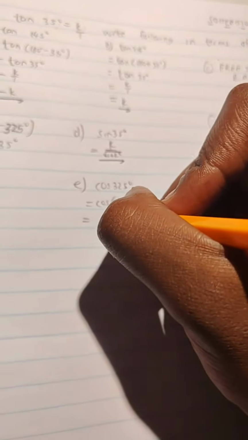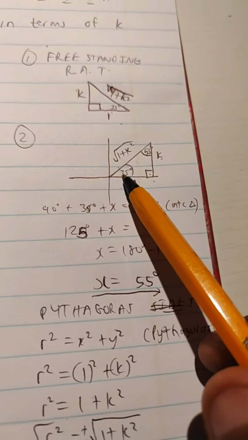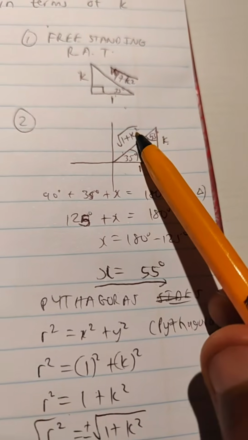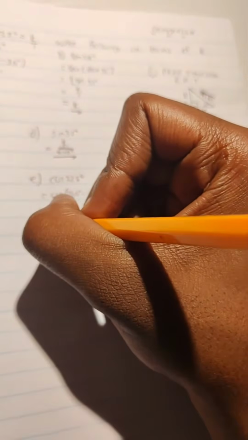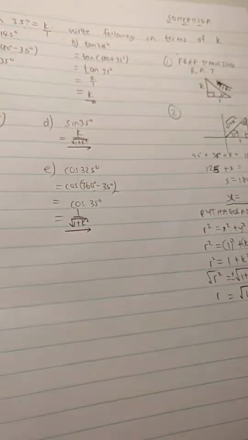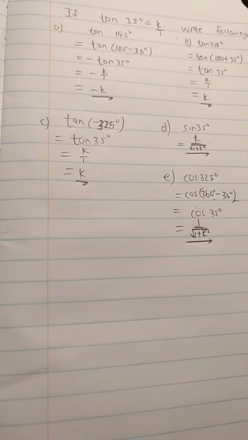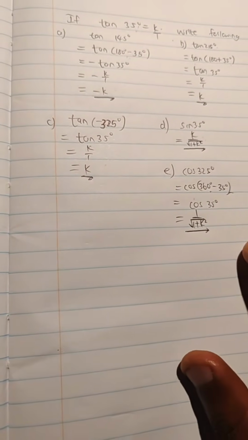How is cos? Cos is positive. 35 degrees, we go there. Cos 35, adjacent over hypotenuse, that's 1 over the square root of 1 plus k squared. That's the answer. Okay, no problem there. Very straightforward and to the point.